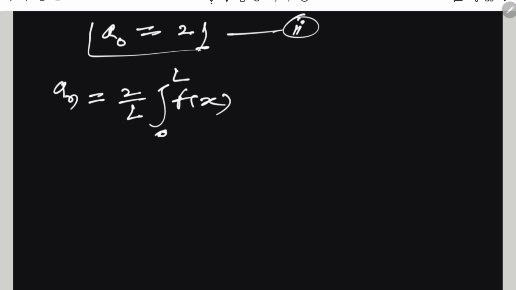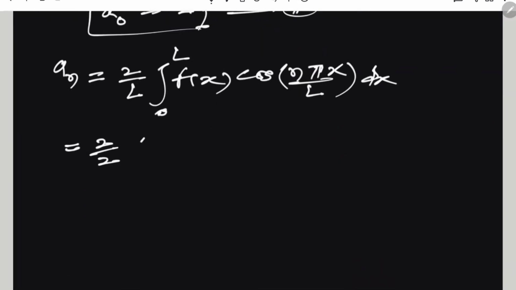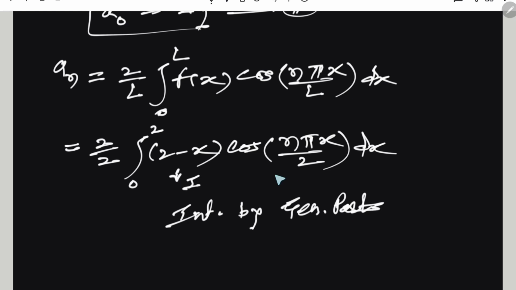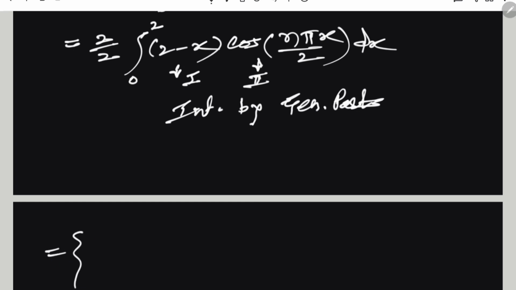An is 2 by L integral from 0 to L f of x into cos n pi x by L with respect to x. Substituting the value, we get 2 by 2 integration from 0 to 2, f of x is 2 minus x into cos of n pi x by 2, integrating it with respect to x by generalized rule. First term as 2 minus x, second term as cos, then we get 2 by 2 get cancelled.